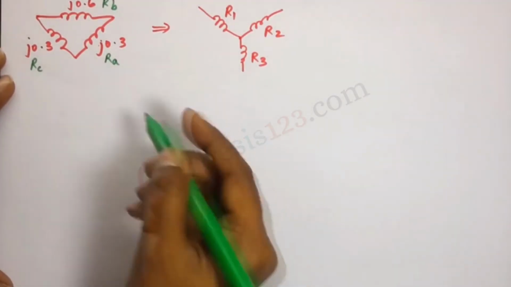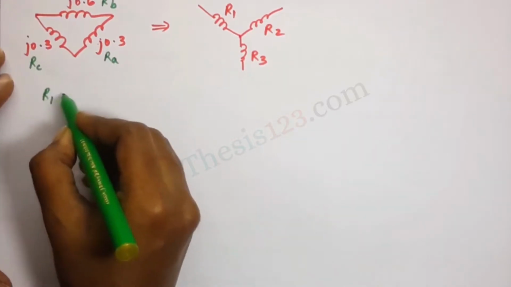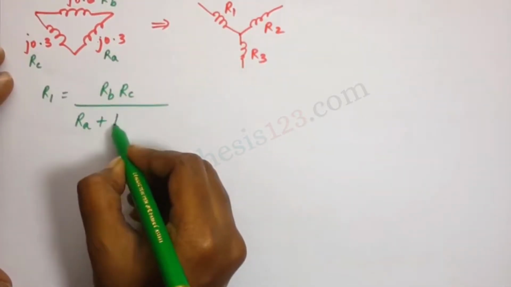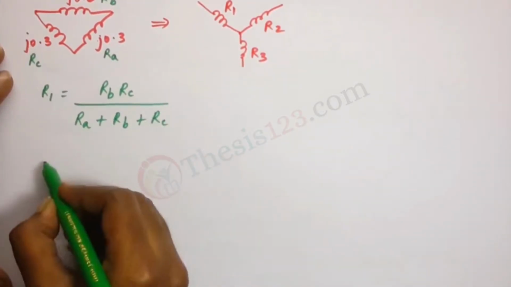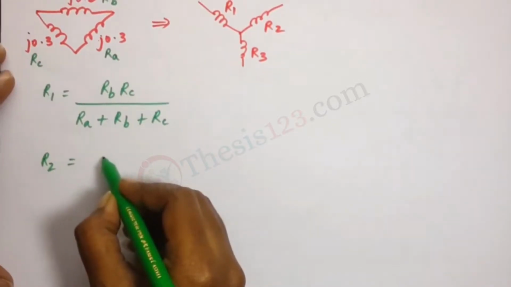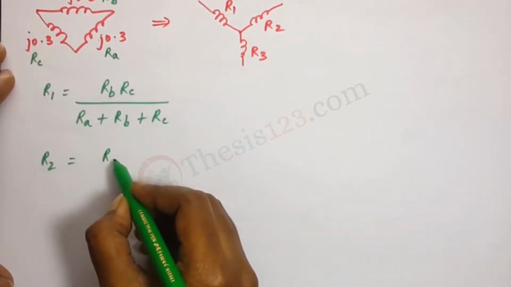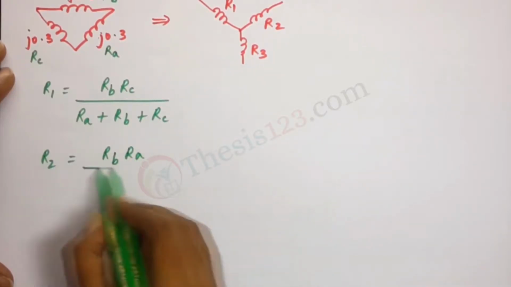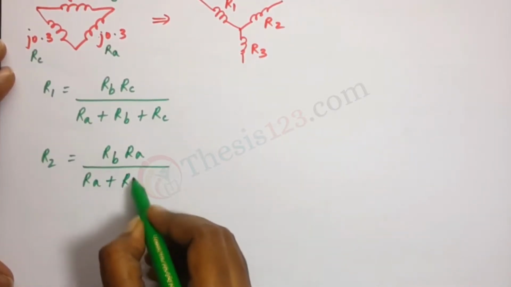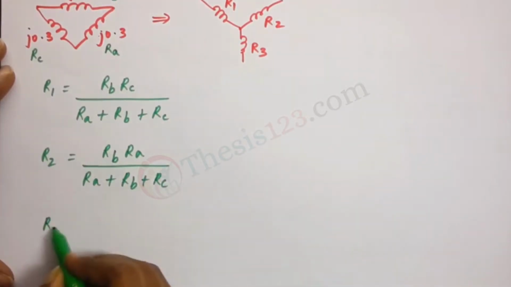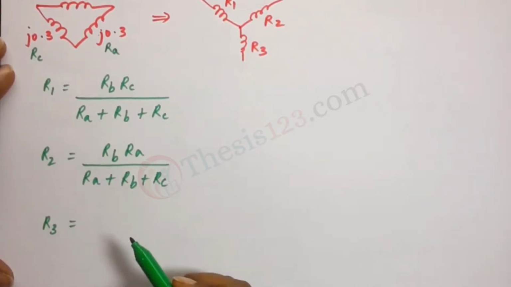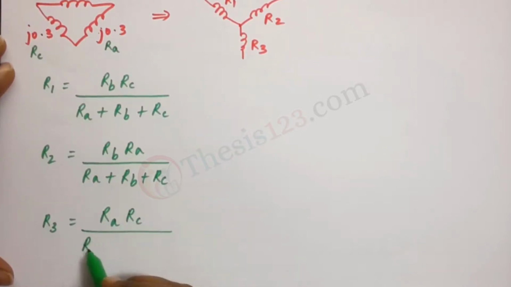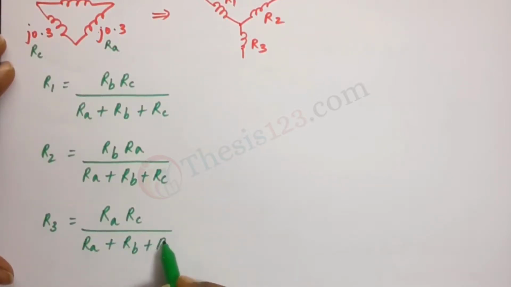So we know the conversion formulas. The formula is R1 is equal to RB RC divided by RA plus RB plus RC. Similarly, R2 would be RB RA divided by RA plus RB plus RC, and R3 would be RA RC divided by RA plus RB plus RC.